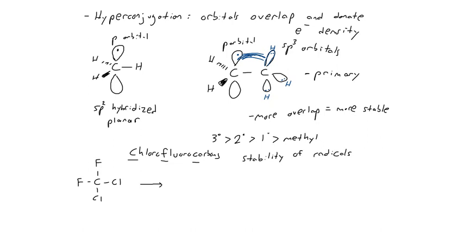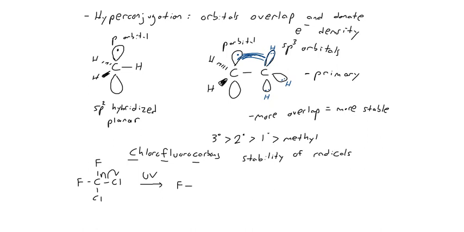Well, if we put one of these molecules in the presence of UV light, and there's a lot of ultraviolet light in the atmosphere, and we release these compounds into the atmosphere, that ultraviolet light can cause homolytic cleavage. So we can imagine this bond between the chlorine and the carbon breaking in a homolytic fashion.